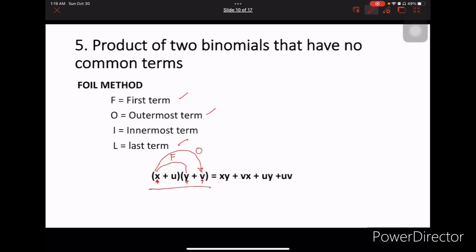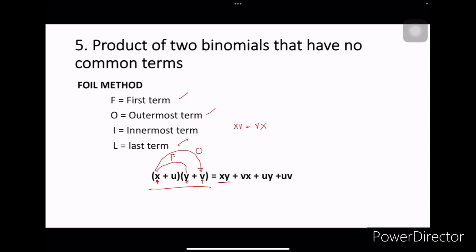So you will have x times v, or v times x. It's still the same. And now you will do the innermost terms. So you have here u times y. That's the innermost terms. And lastly, you will do the last terms. That's u times v. So you will have that FOIL method.